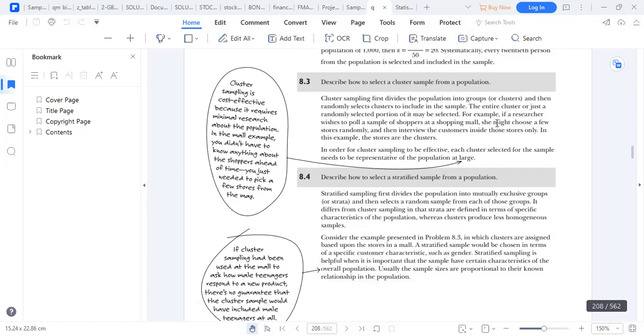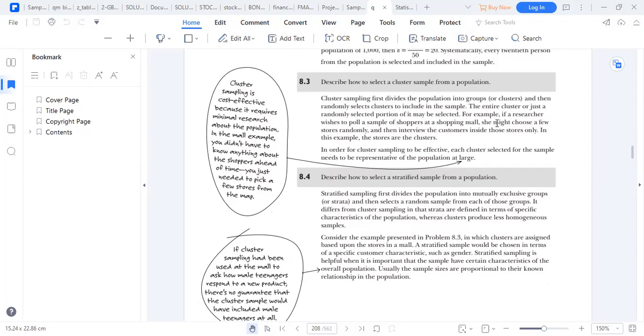We also have what is called stratified sampling, where we pick populations and manually divide them into what we call strata. These are mutually exclusive groups, meaning they don't have an intersection. You can have top management, middle management, low management. They're distinctive.